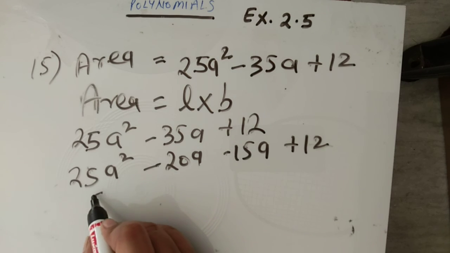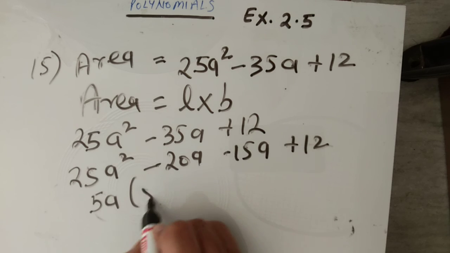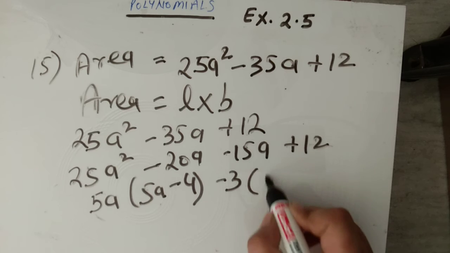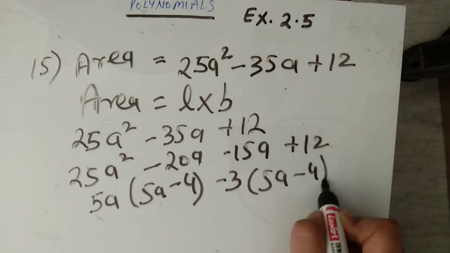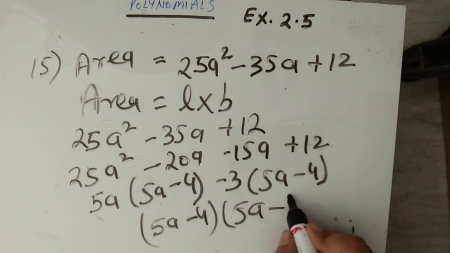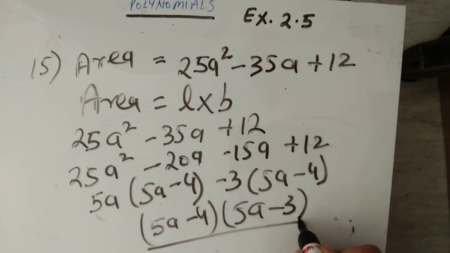So here 5a will be common, 5a minus 4, minus 3 will be common, 5a minus 4. So what our factors are? 5a minus 4 and 5a minus 3. So these are the factors, and it can be L and B.